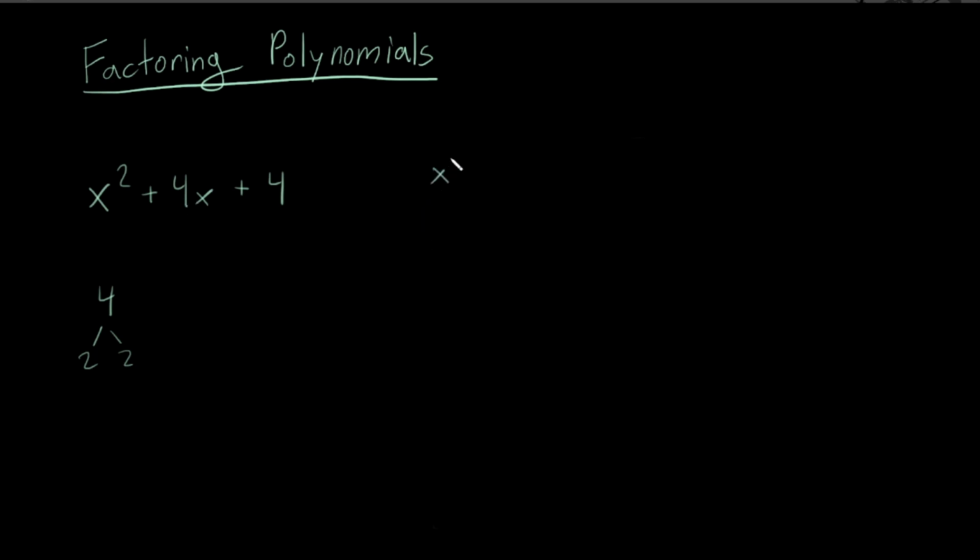So we can say this is x squared plus 2x plus 2x plus 4. Now we can reduce this, so we can factor out x. So we have x plus 2. We can factor out 2 here. So this is x plus 2 as well.